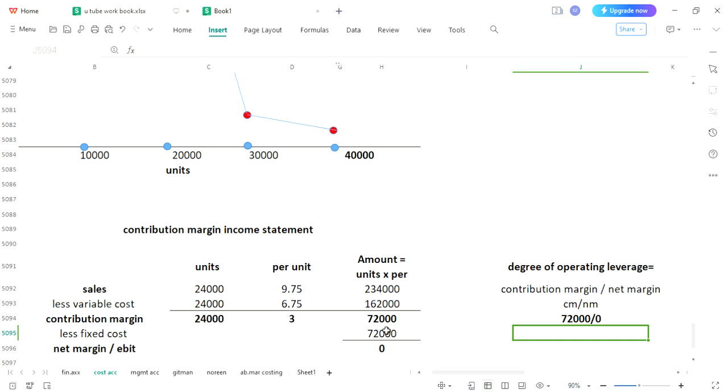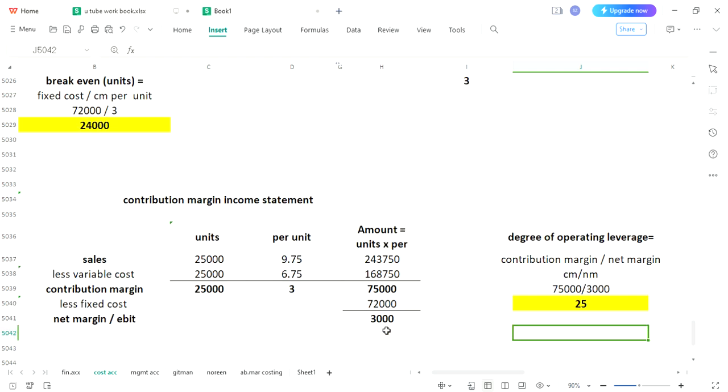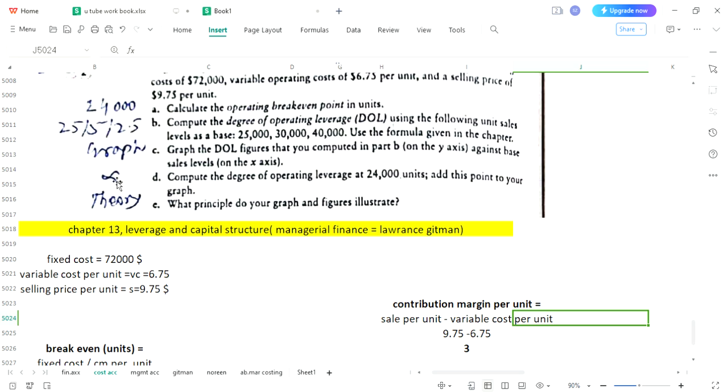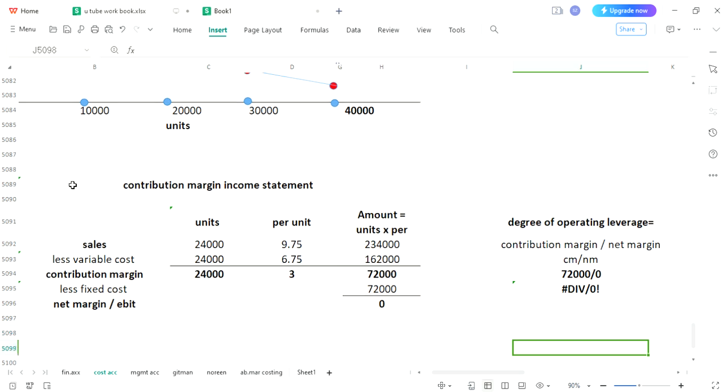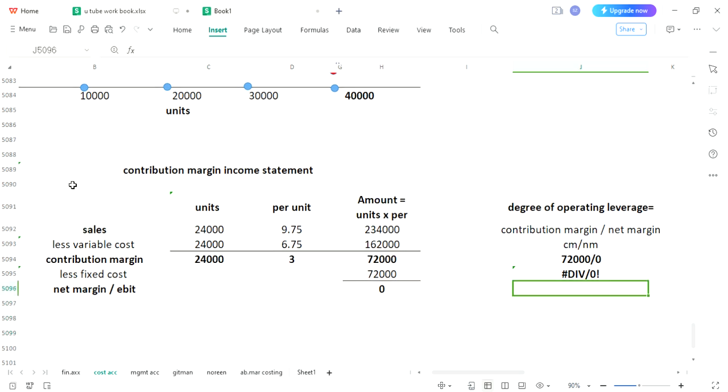Obviously, when 72,000 is divided by 0, the result is undefined. This sign shows infinity. Go back to the question and you can see the third answer is infinity, because you are at break-even level. So you can say the degree of operating leverage is infinity over here.